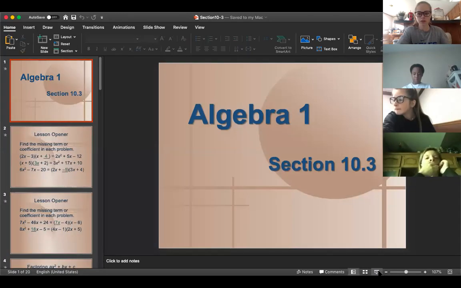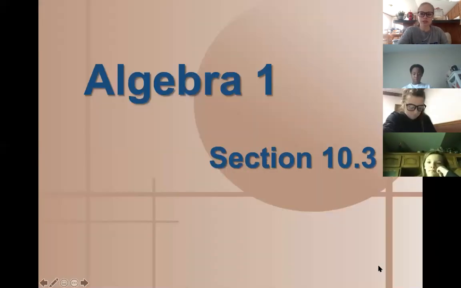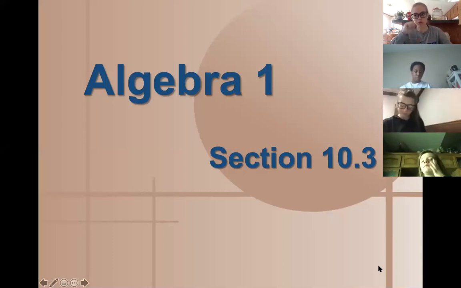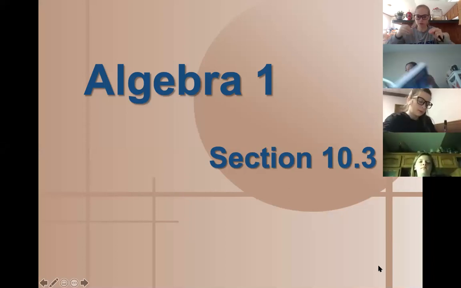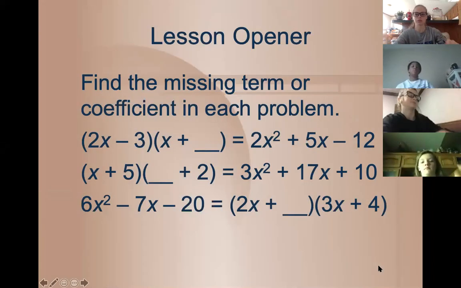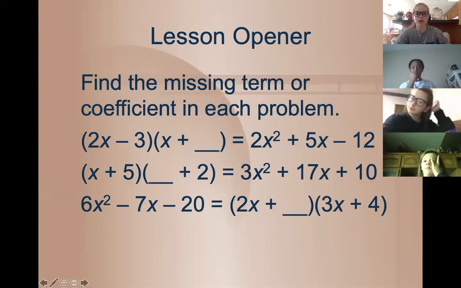So let me pull this up. All right, here we go. So this is 10.3. When I start to do the examples, I'd love for y'all to do them with me on your own piece of paper, just so that you're following along. If you can keep going ahead, that's great as well.